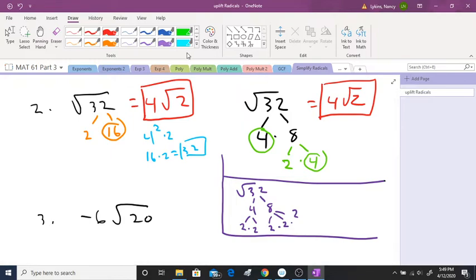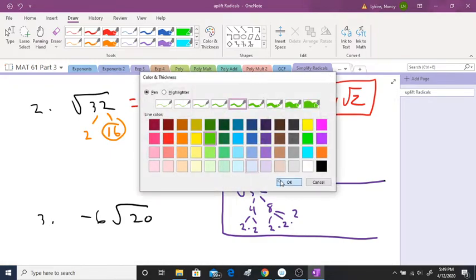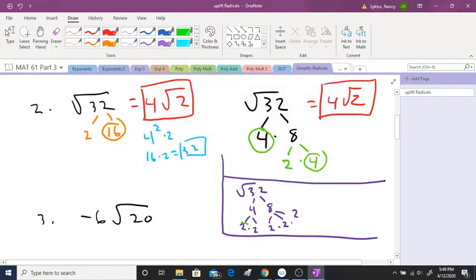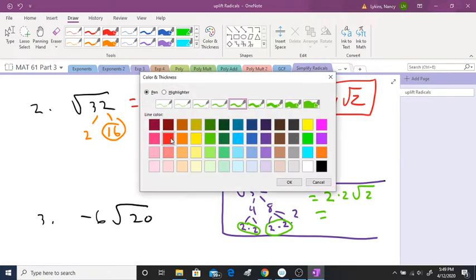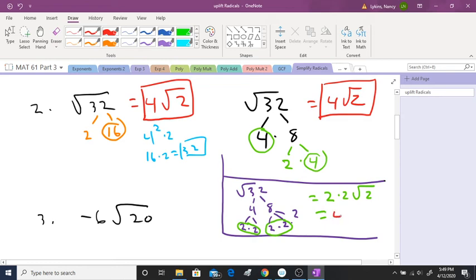Now watch this. I got a pair of 2's, a second pair of 2's. So what that means is I take 1 2 out, took the second 2 out, leave this lone 2 by itself. So then 2 times 2 is 4, square root of 2. So there's a lot of different ways we can do this one.